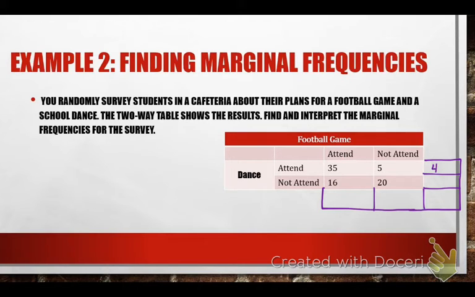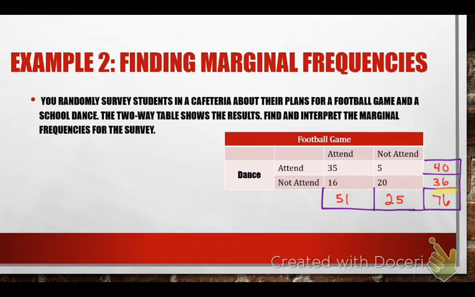40. Let me do it in red. 40 equals 36, 25, 51. All right, and what number goes in the bottom right? 76.